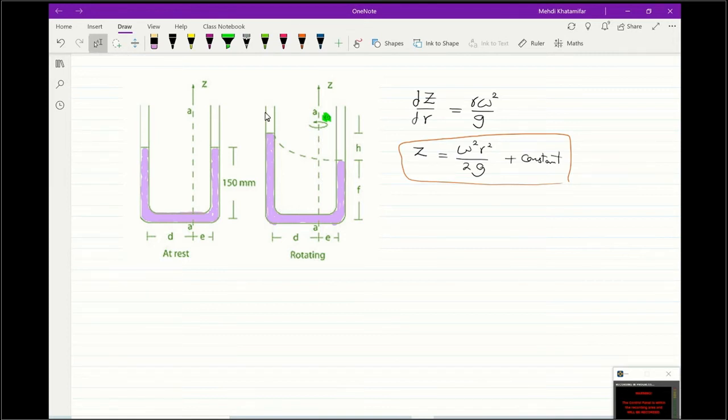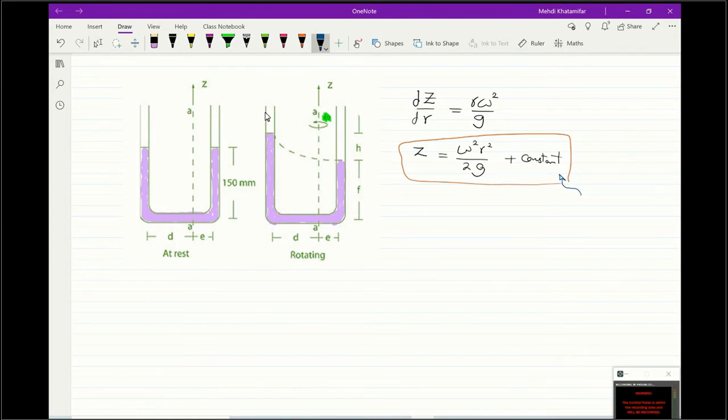If you remember from the lecture session, the first step is we need to take care of this constant. We need to find that constant, otherwise we have too many unknowns. For the sample question we solved during the lecture, we considered the surface of the liquid as one of the points where we had all the information we needed.